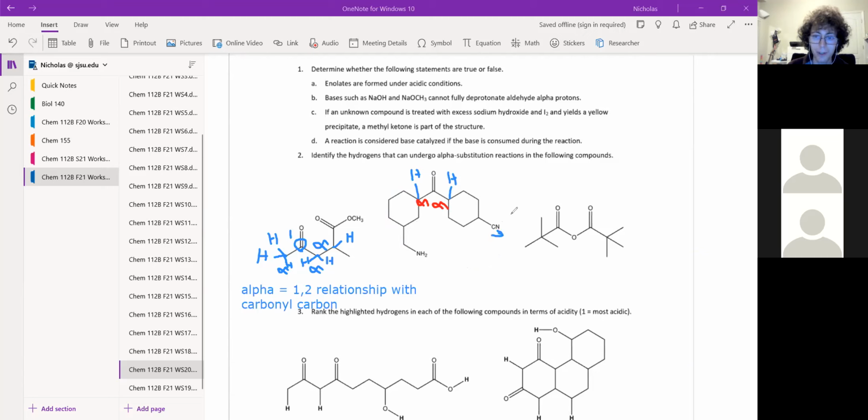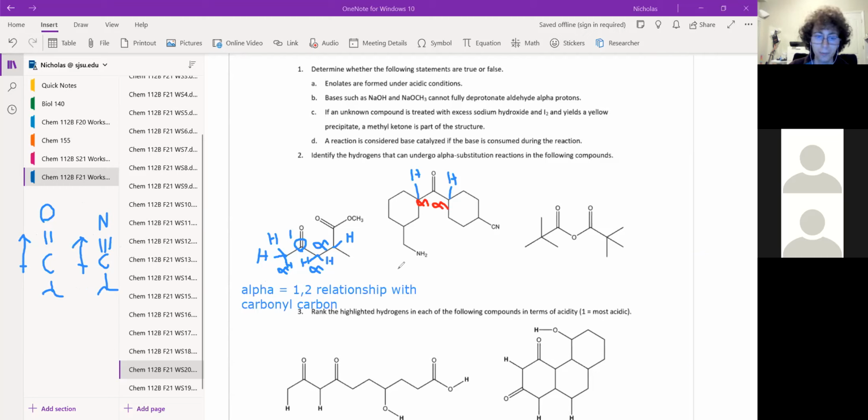But nitriles are a bit special, even though they're not carbonyls. Remember, we talked about a few chapters ago how nitriles and carbonyls are fairly similar. A carbonyl is a double bond to an oxygen, and a nitrile is a triple bond to a nitrogen. They both have a dipole from the carbon pointing to some electronegative atom, and sometimes they can do similar reactions.